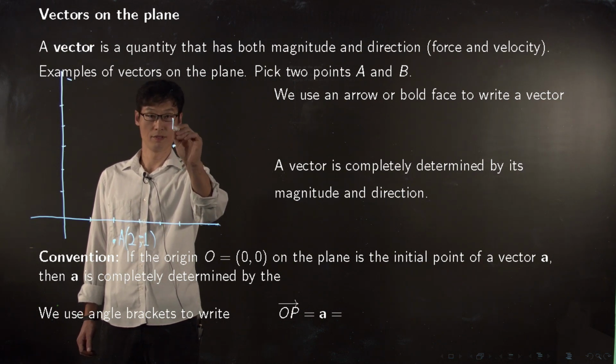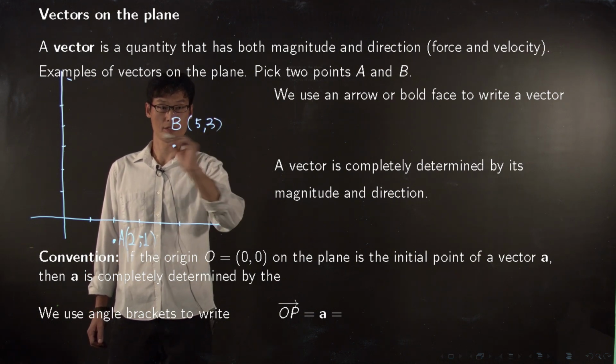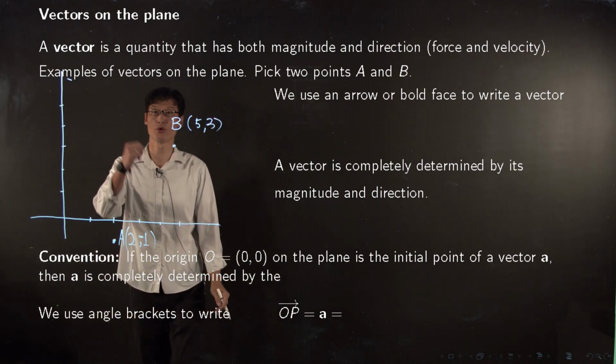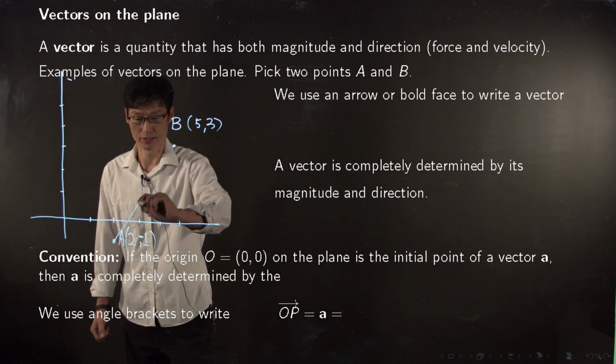Yep, B. So we have 2 points on the plane, and let me join them to have a vector like this.